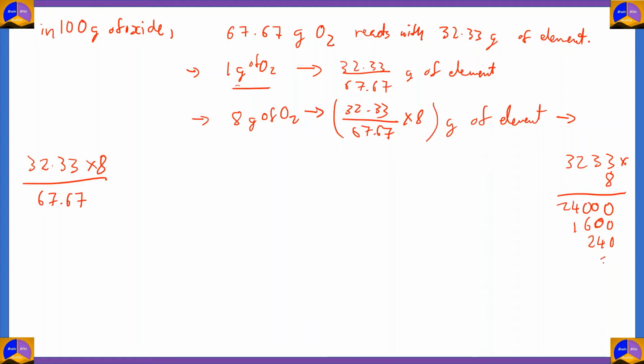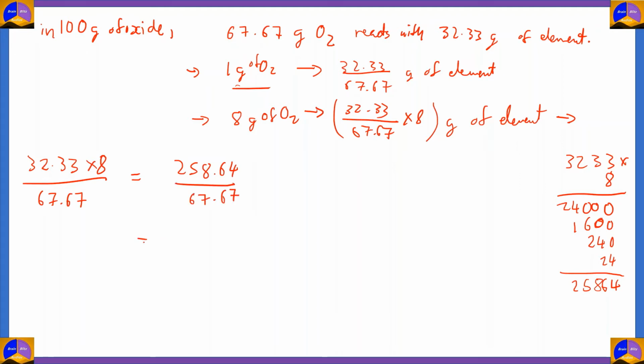And 3 times 8 is 24. So this is comparatively easier because then you need to do addition. So 4, 6 plus 2 is 8, 4 plus 1 is 5, and 2. So we get 32.33 times 8 as 258.64 divided by 67.67.